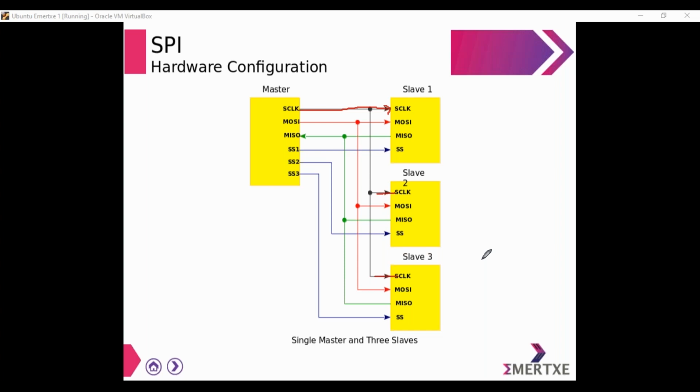Master and slaves need not be microcontrollers. Generally, masters are microcontrollers and slaves will be some chips which are not independent. Multi-slaves means multiple chips. Slaves can be external sensors as well.